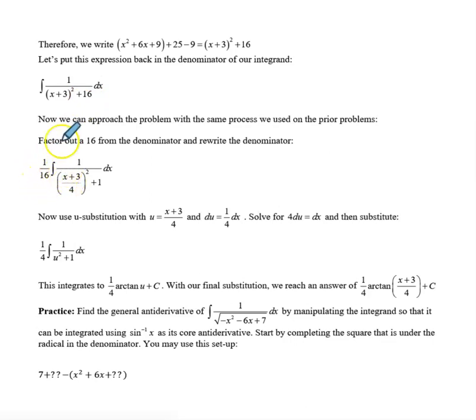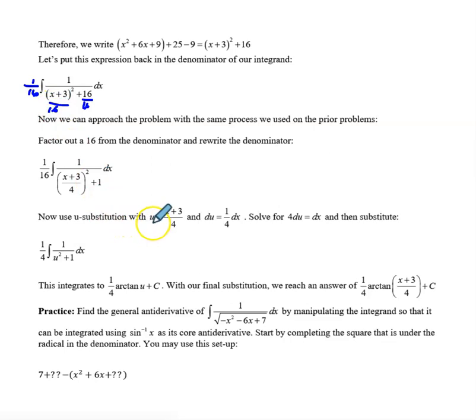So we end up having to divide both of these terms by 16 when we put this 1/16 out in front. So x plus 3 squared over 16 can be rewritten as x plus 3 over 4, all squared, because conveniently 16 is a perfect square.